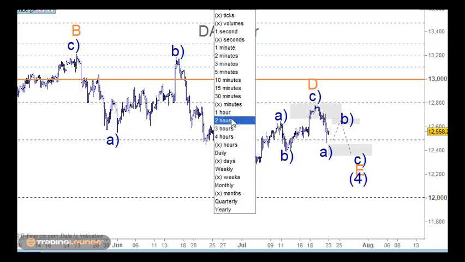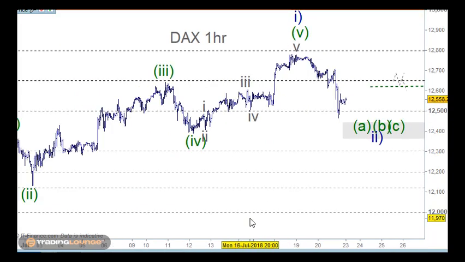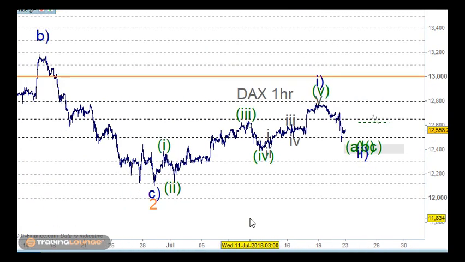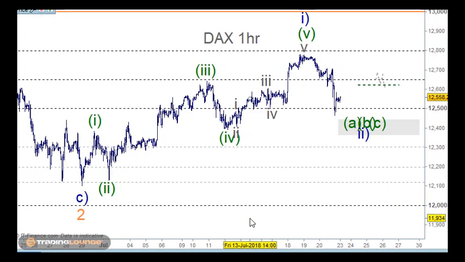So we'd take both of them on board, of course, but just going into the hourly chart here, this is still the bullish count here, but it doesn't make a lot of difference.